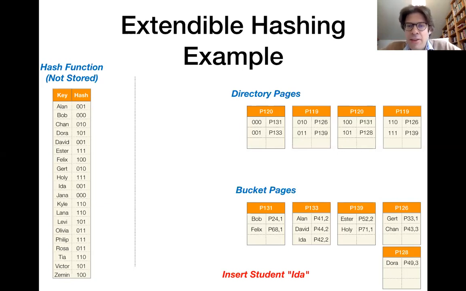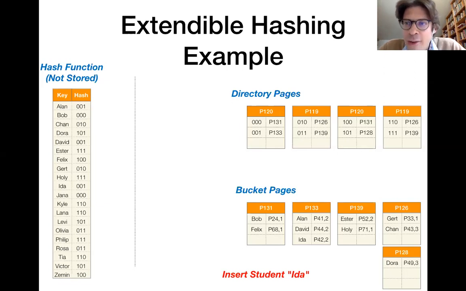As you see here, now the directory considers all bits from the hash function. There are some pages that are linked to repeatedly in the directory, for instance, page number 131 again, and there are other pages that are linked to only once, depending on how many insertions we had for the corresponding range of hash values. So this approach is pretty flexible.